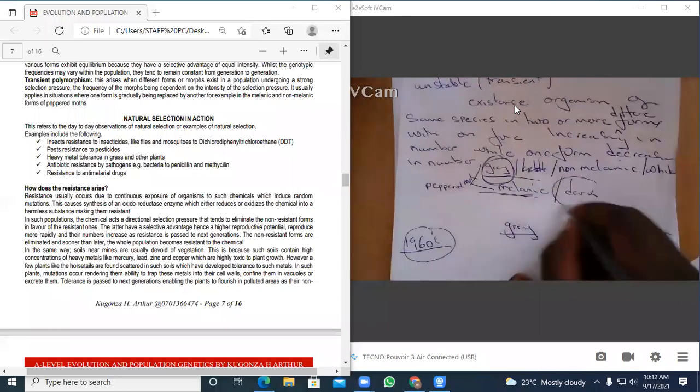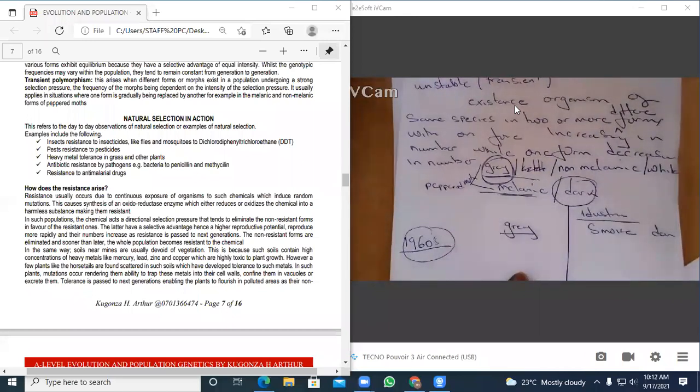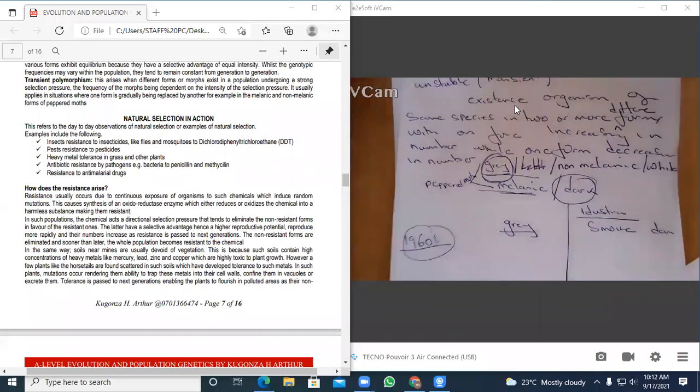Now the darker one will be selected for, because the tree barks where these moths live will be dark due to the smoke deposited there. It means they will camouflage and cannot easily be seen by the birds that eat them.